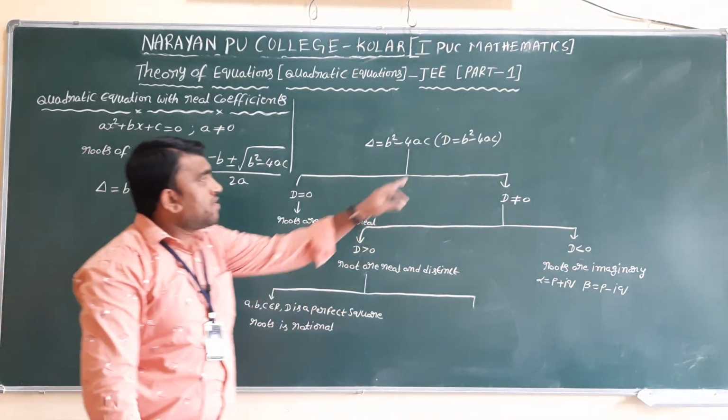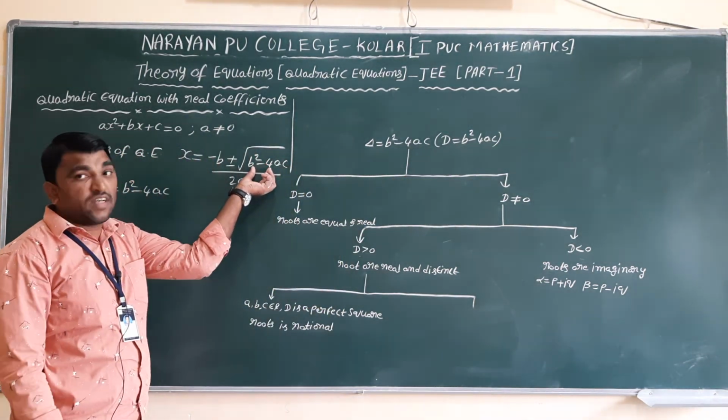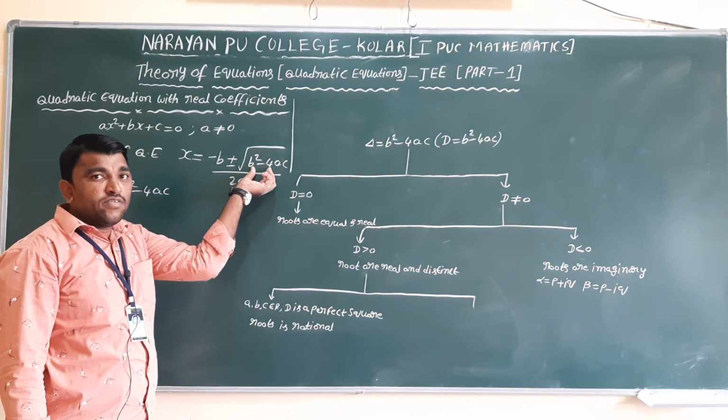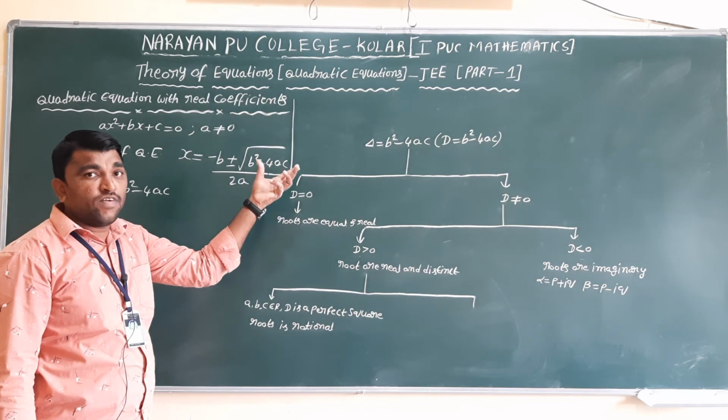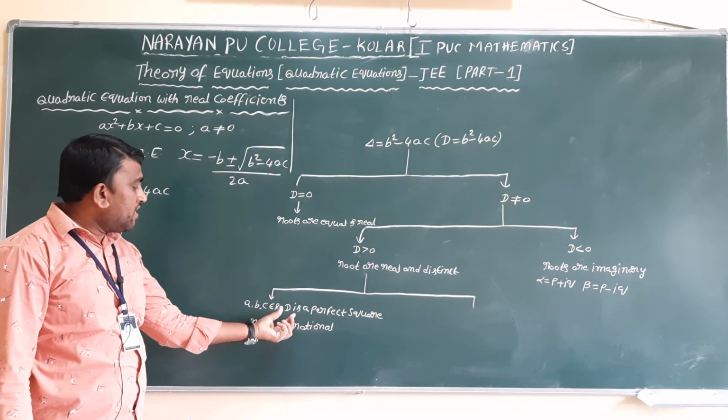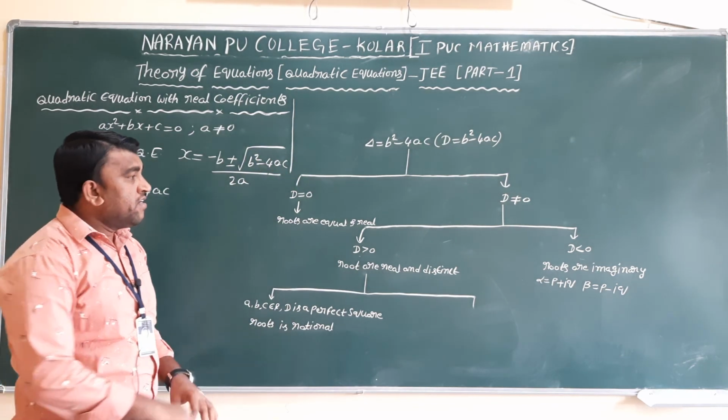Discriminant is a perfect square means inside the root we have, suppose, 9, 16, 25, 49, like that. Suppose root 49 is 7, it is a perfect square. If it is there, the roots are rational.